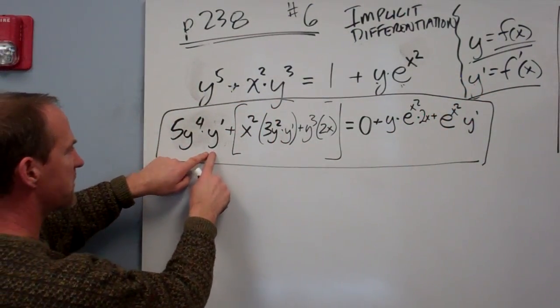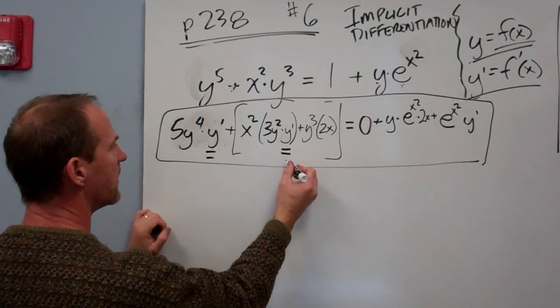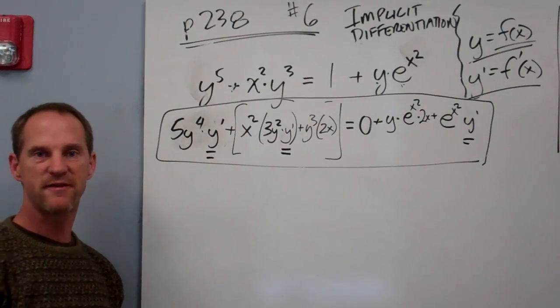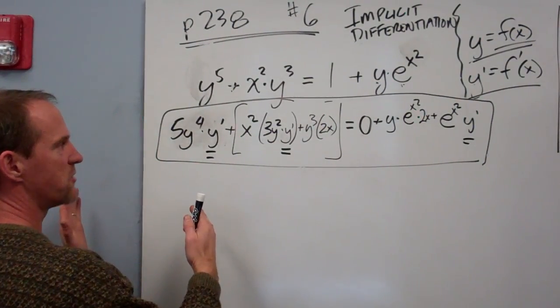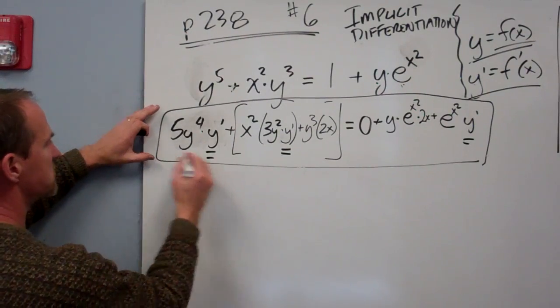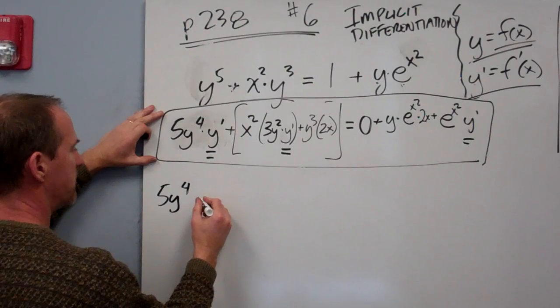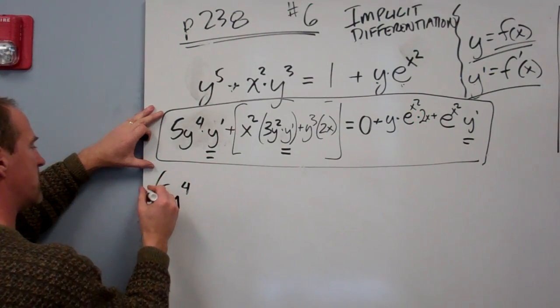So I need to factor out, there's a y prime, there's a y prime, and there's a y prime. So you identify where your y primes are and you get them all to one side of the equation. So this whole unit I'm going to write again, 5y to the fourth, and actually, I'm not going to write the y prime, I'm going to factor it out.